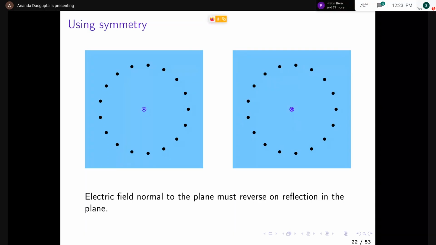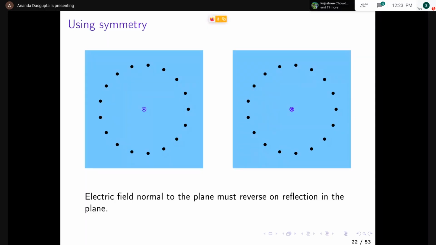So electric field normal to the plane must reverse on reflection in the plane. The electric field in the plane could not have reversed, but that's not there. We have already argued that. So now what happens? If there were electric field at all, it would have reversed, but because the charges are the same, the point is the same, the electric field has to stay the same.